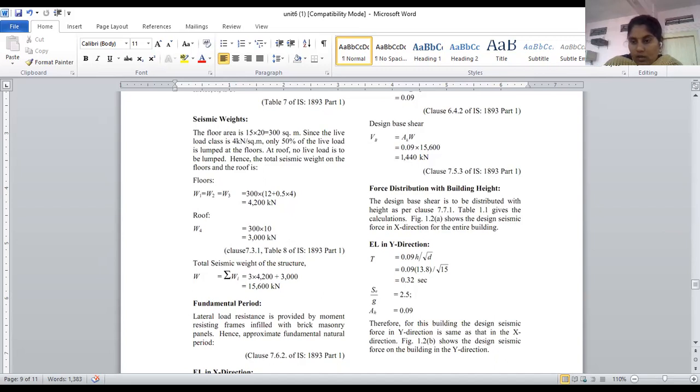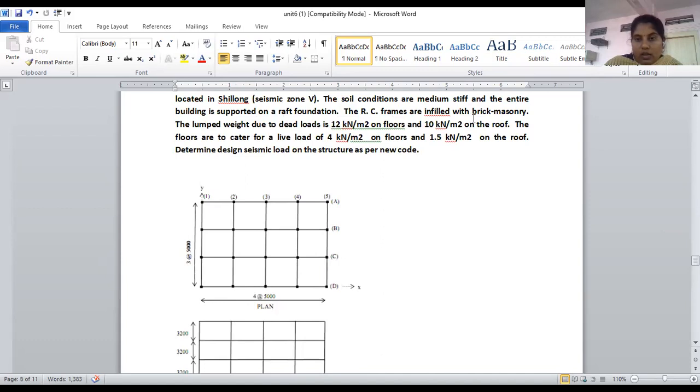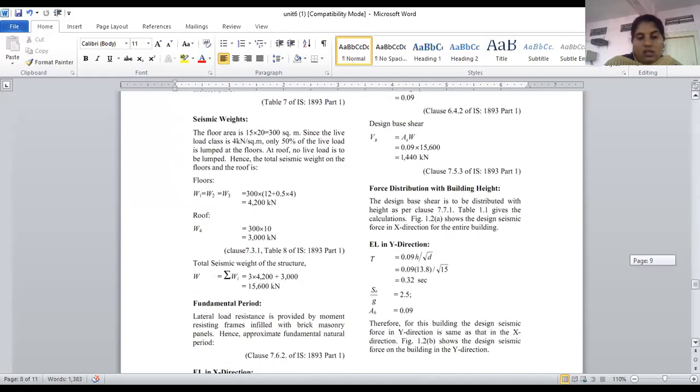So we'll see in the given dimension also. That much amount of floor dead load is given as 10 kilonewton per meter square, and here the 1.5 is the live load which is given. Okay, so the total load is here, 300 into 10, or we can add directly the imposed load also.